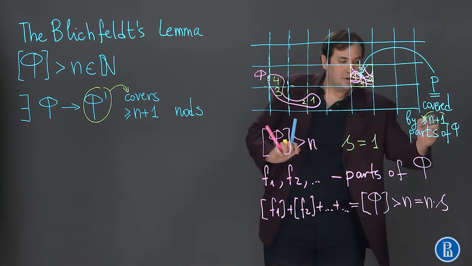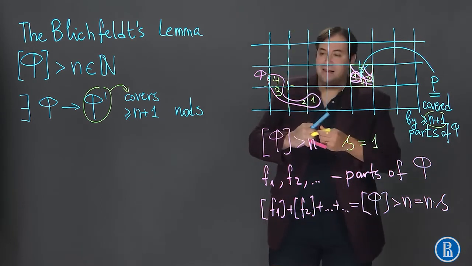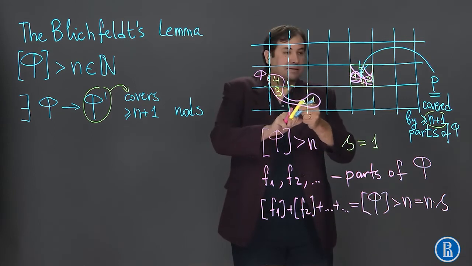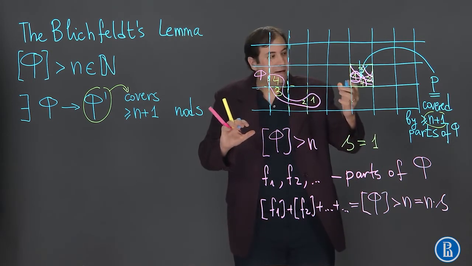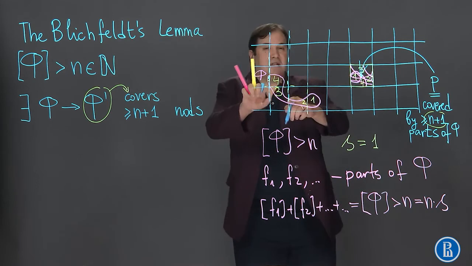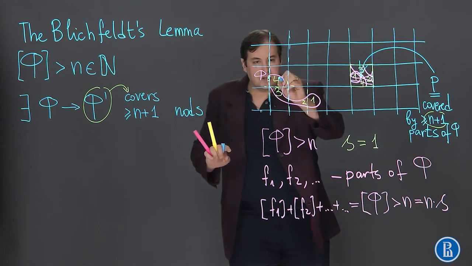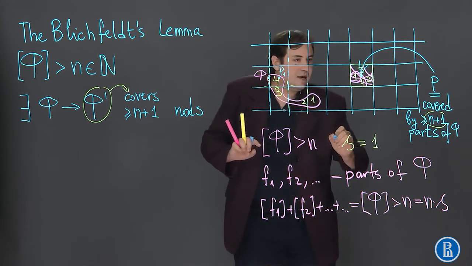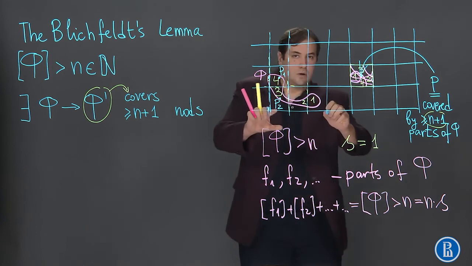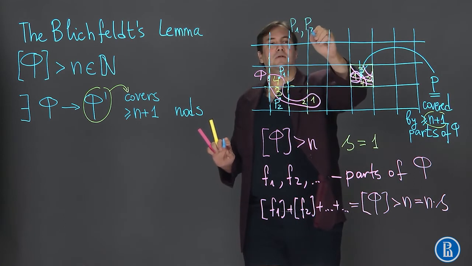So we have n plus 1 parts here that cover point P, and when we take a look at the original figure and where these parts were, we will see that there is a point in every one of these parts that corresponds to point P. So say, this point here corresponds to this one, call it P1, and also to this one, call it P2, and so on.